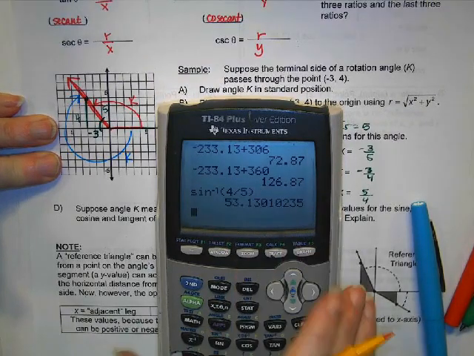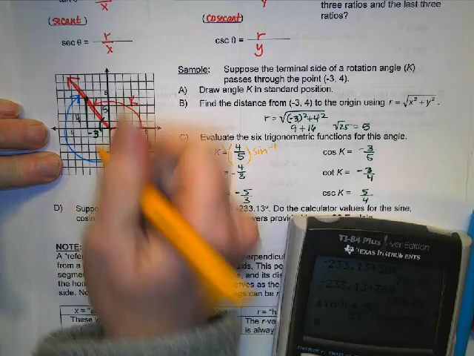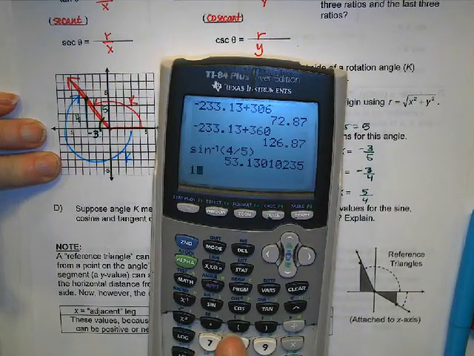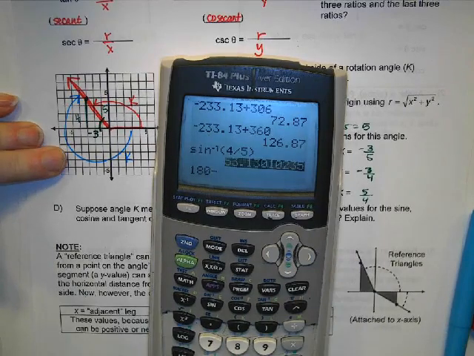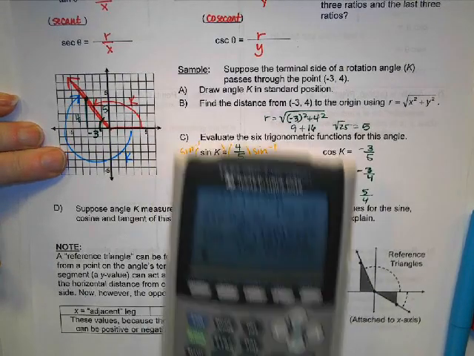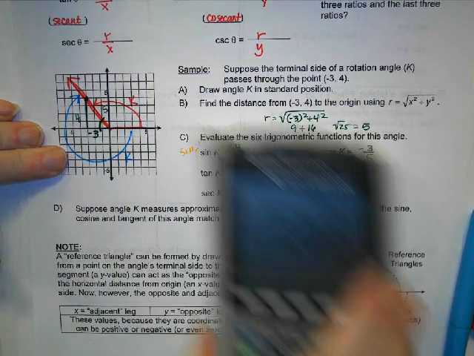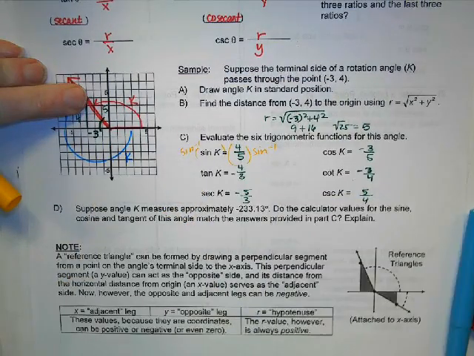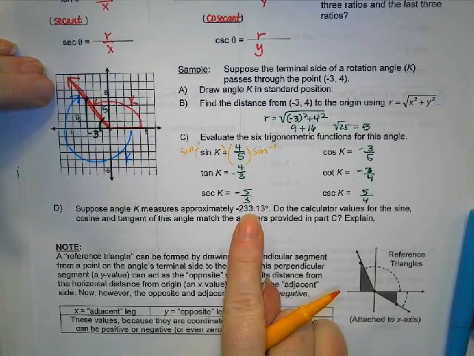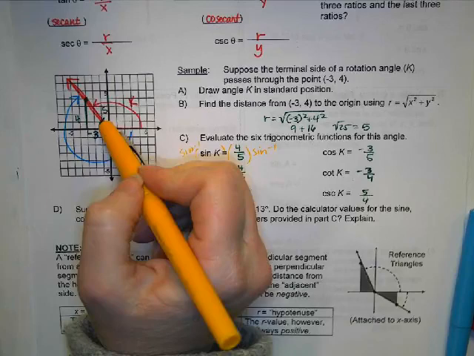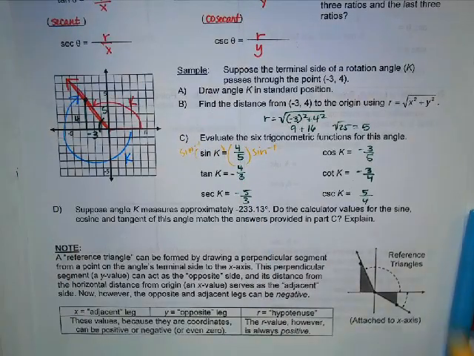And I get 53.13. Well, that's this reference angle right here. So if I do 180 minus this, it should give me that 126.87, which is the red angle, which means that -233.13 does match up with these. Because those are all coterminal angles. They all end in this exact same spot.